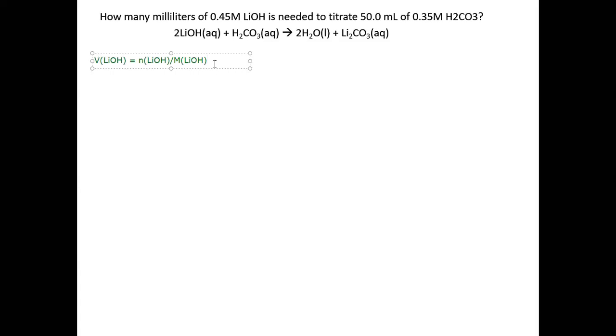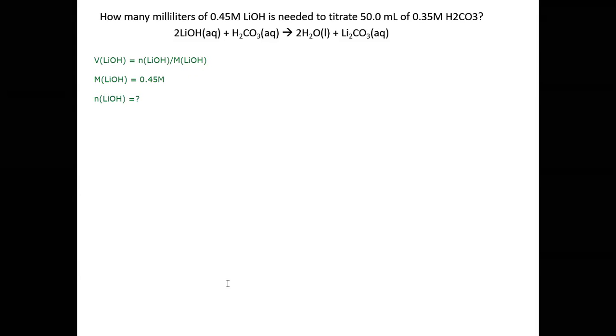So out of those two things, what we know right off is the molarity of lithium hydroxide. It is 0.45 molar. What we don't know is the moles of lithium hydroxide.